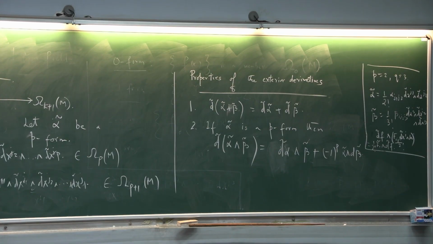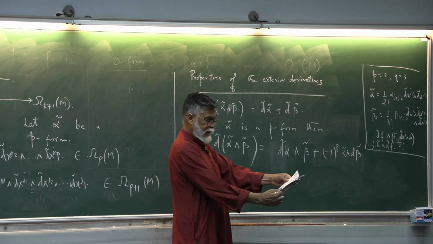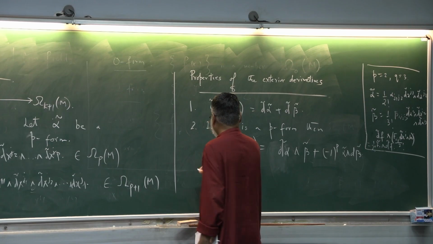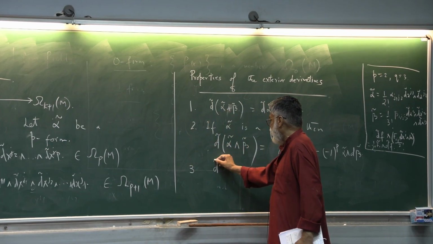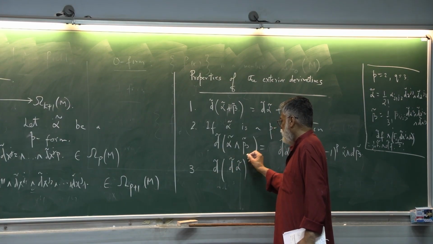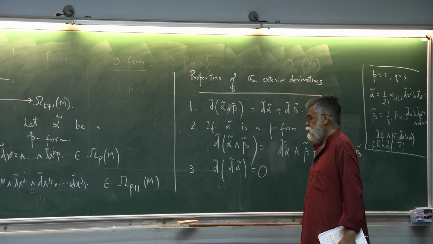What are the other interesting properties? Yes, the most important property: you take the exterior derivative of d of alpha, where alpha is any form. This is identically 0.